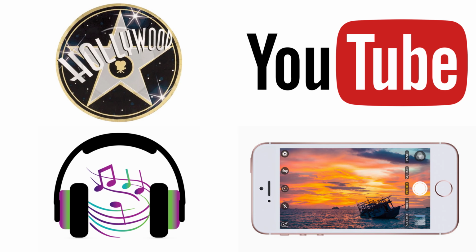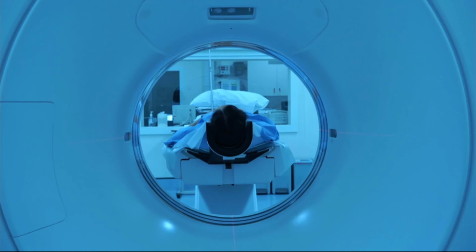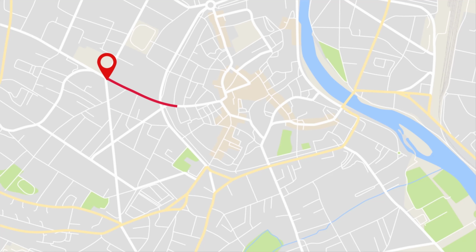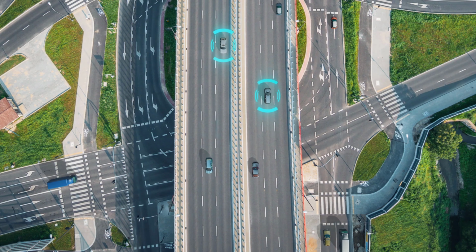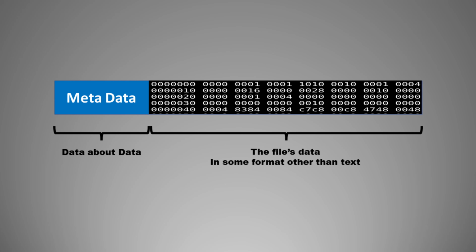It all started with the digitization of movies, videos, music, and photos. The list has grown to include the Internet of Things, smart devices, imaging, GPS data, documents, sensors, health records, and more.